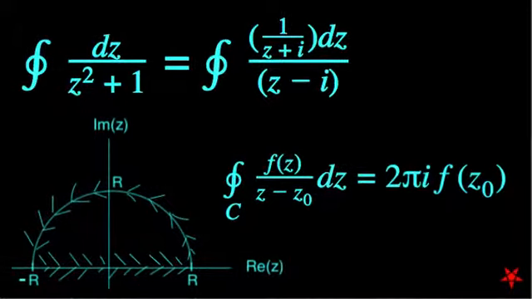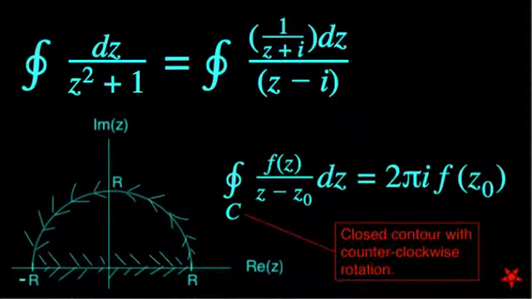This formula gives us a value for a contour that has a single simple singularity within it, meaning that z minus z naught must be the only factor of its kind. There are ways of dealing with higher order singularities as well as multiple poles, but we won't be dealing with them here.